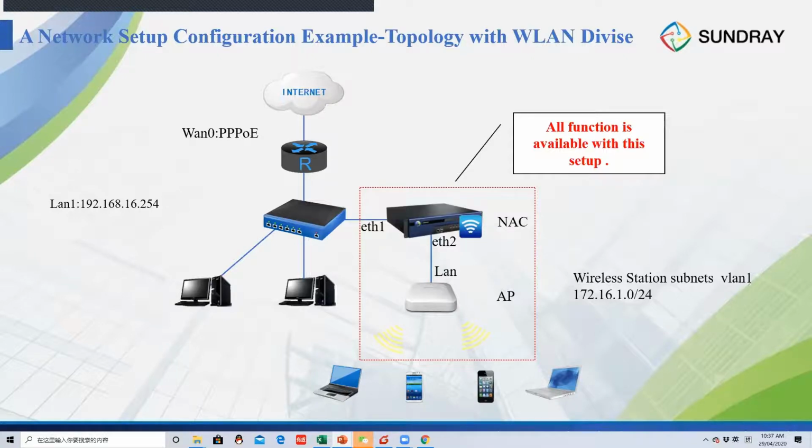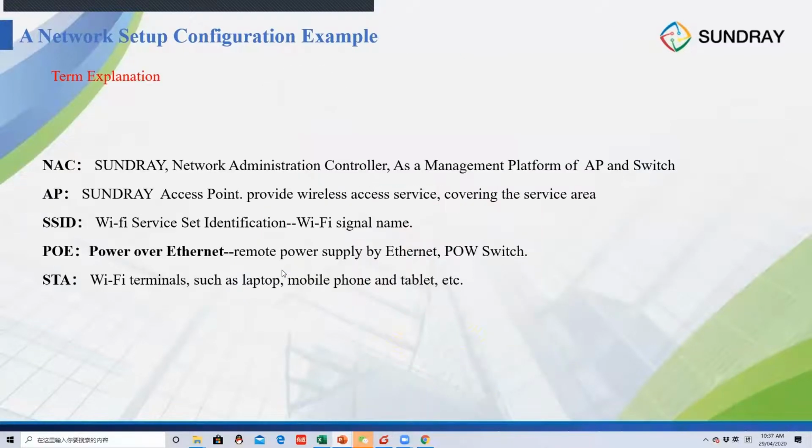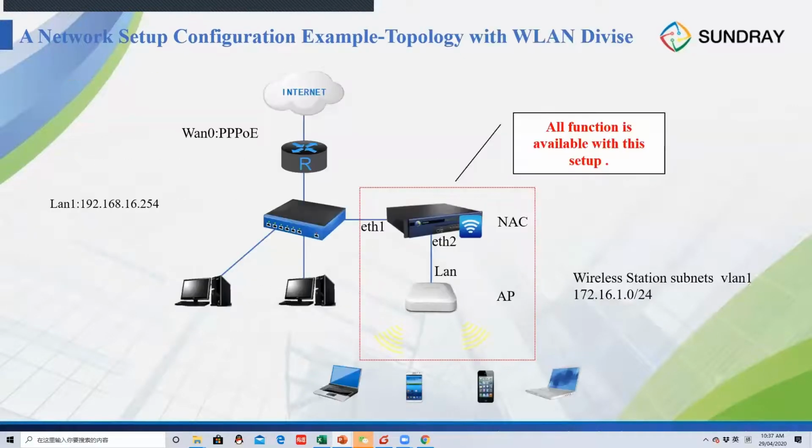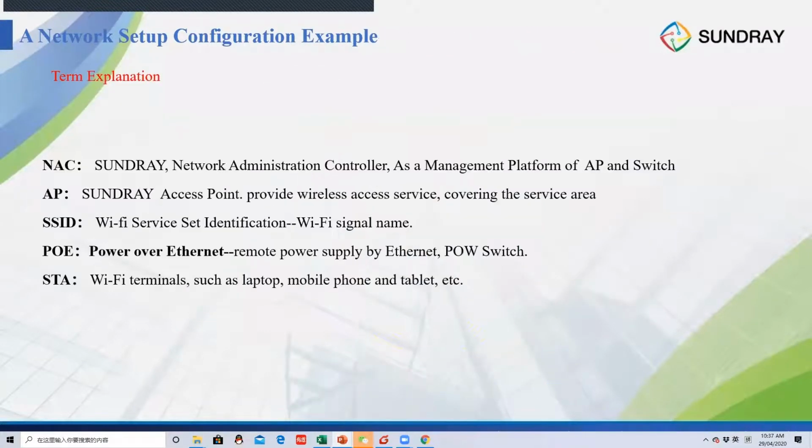We can work out our own subnets, because our controller will do the NAT, and then traffic is sent to the switch and forwarded to the Ethernet. Later we will state how we can configure it step by step.